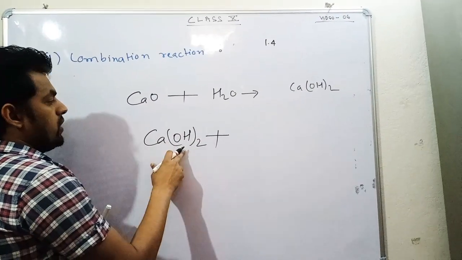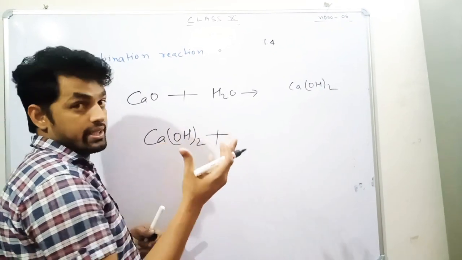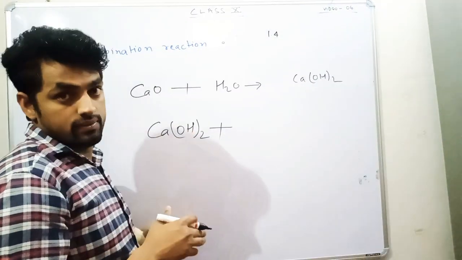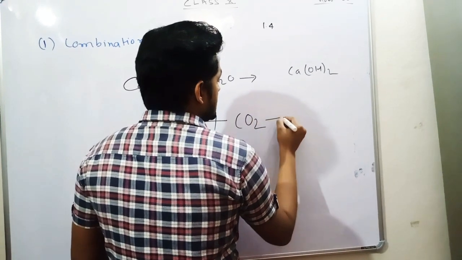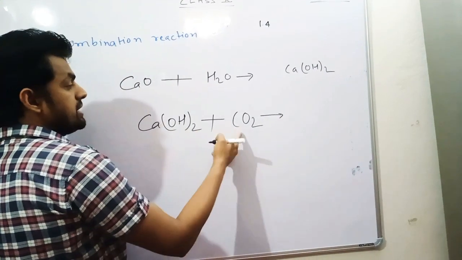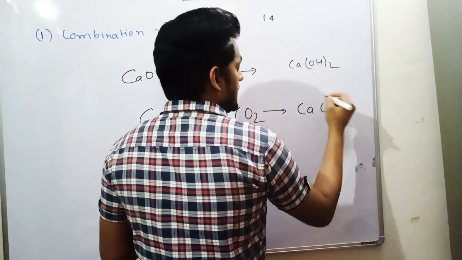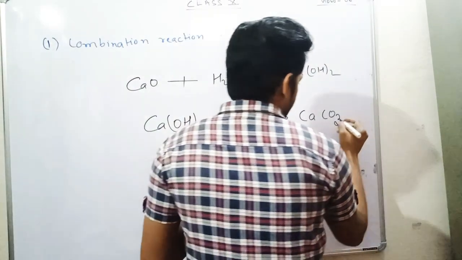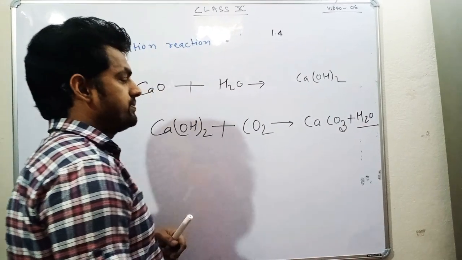When calcium hydroxide is mixed with water to make a dilute slurry, means घोल बनाया जाता है, and it is applied on the wall, the carbon dioxide present in our atmosphere combines with it and forms CaCO3, calcium carbonate. And with this, H2O is also produced.